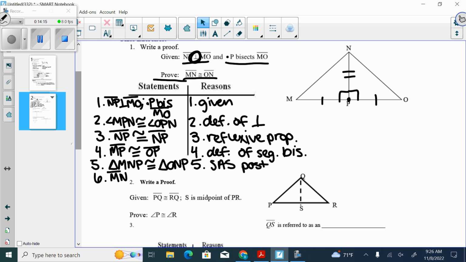MN is congruent to ON, and we only know this is true because we proved the triangles are congruent, right? Which is that property that we just talked about on the front. Congruent parts of congruent triangles are congruent.